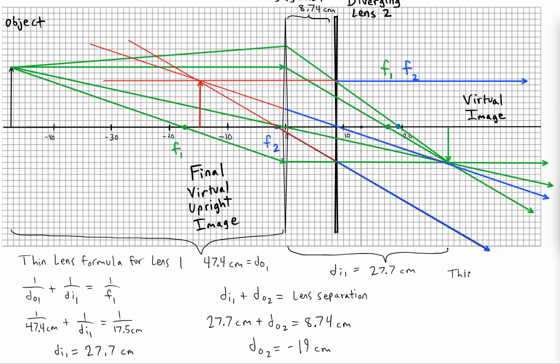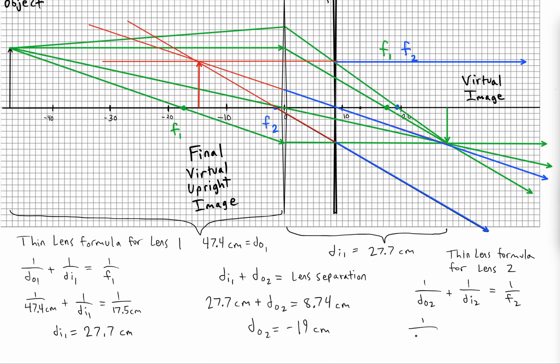Next, we'll do the thin lens formula for lens 2. So 1 over DO2 plus 1 over DI2 equals 1 over F2. One over negative 19 plus 1 over DI2 equals 1 over negative 10.4.